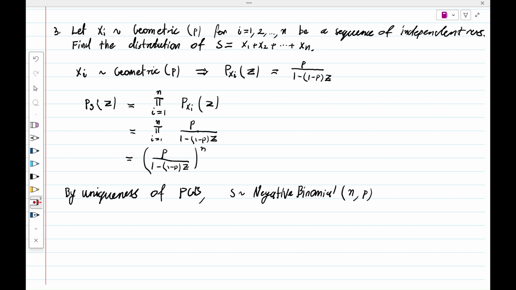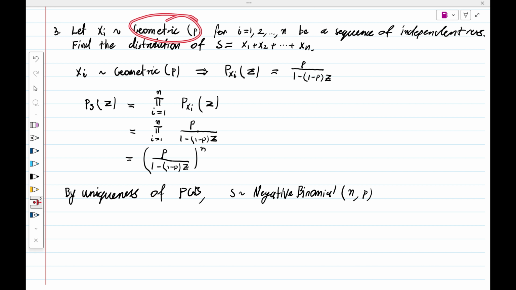And the definition of the negative binomial distribution that has this particular PGF is the total number of failures before n successes, which intuitively makes sense because the negative binomial is by definition the sum of geometric random variables.